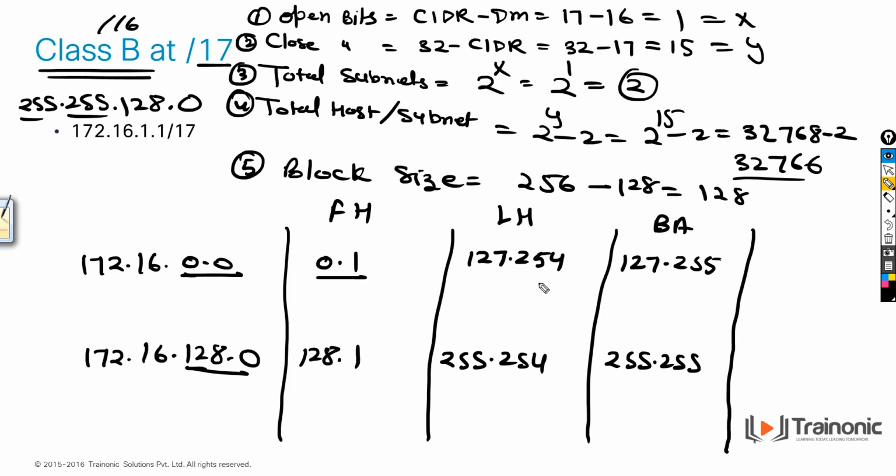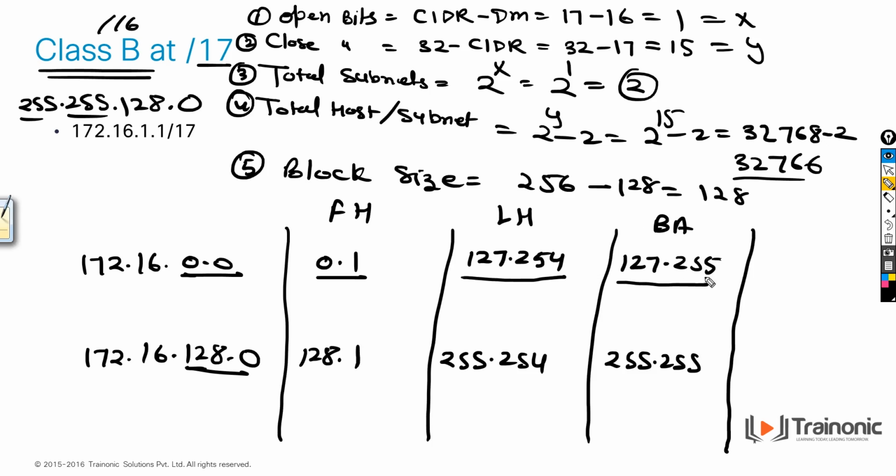First host will be 0.1. Last host is 127.254 and broadcast address is 127.255.